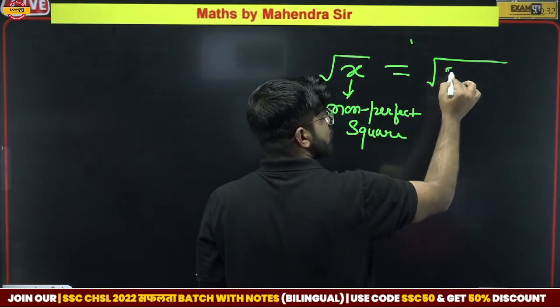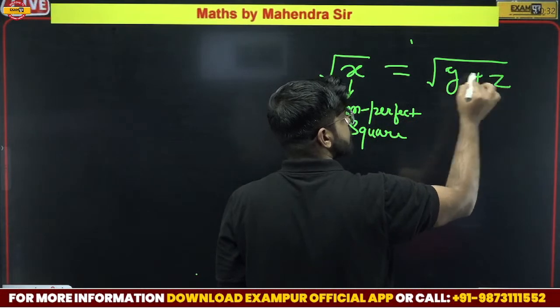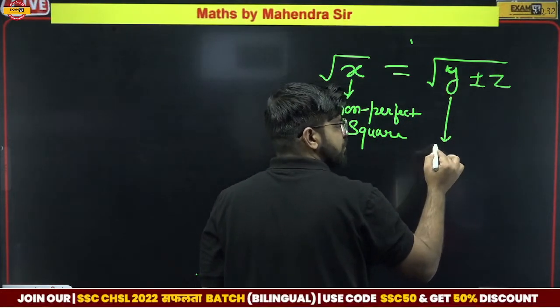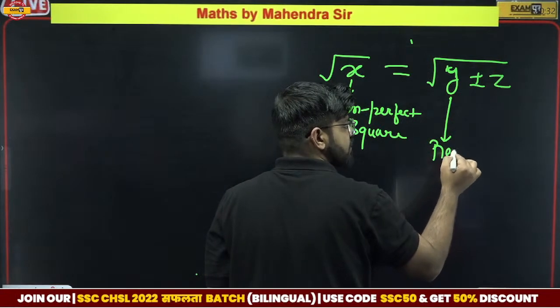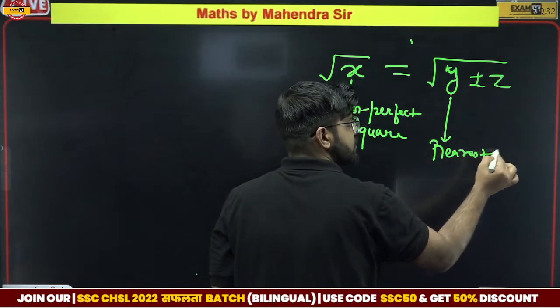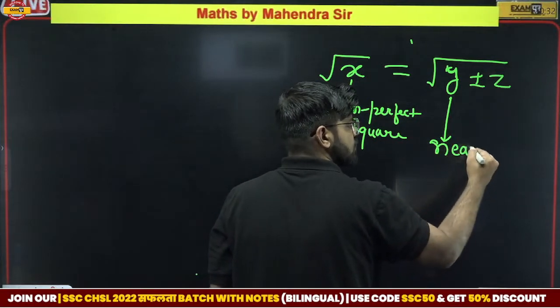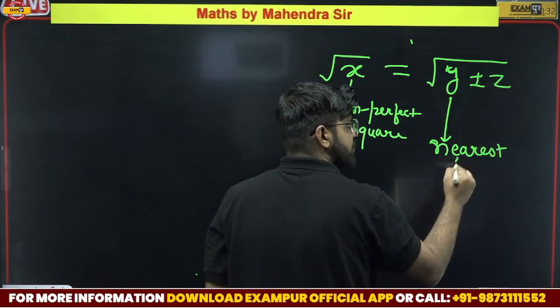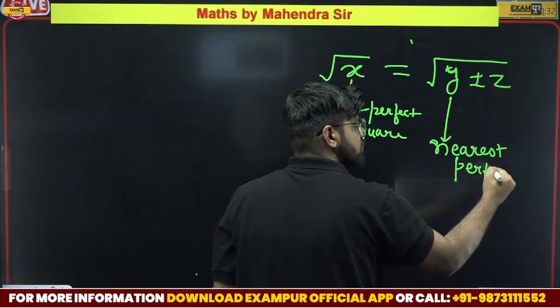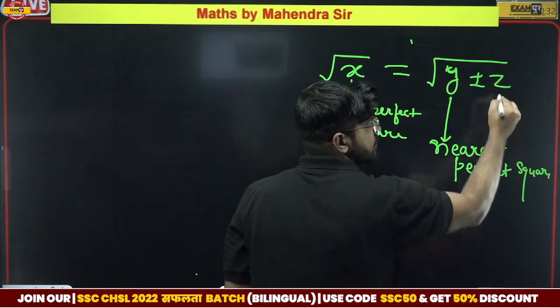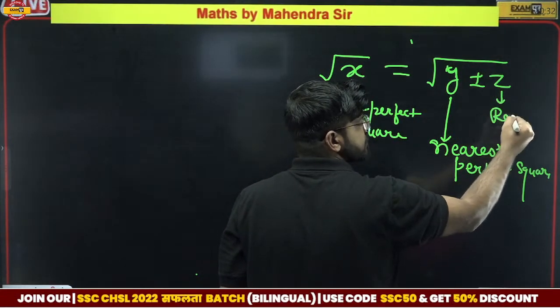Just convert it into y plus or minus z. Here y is the nearest perfect square.